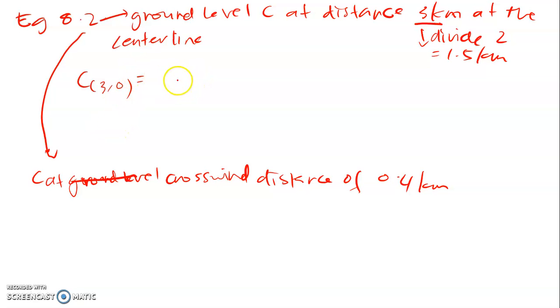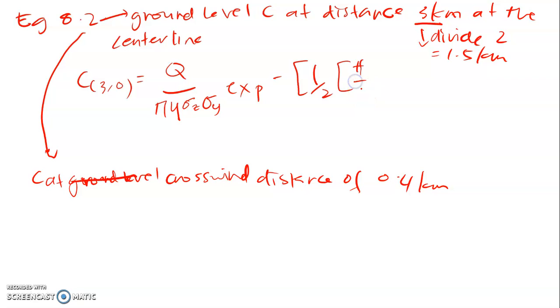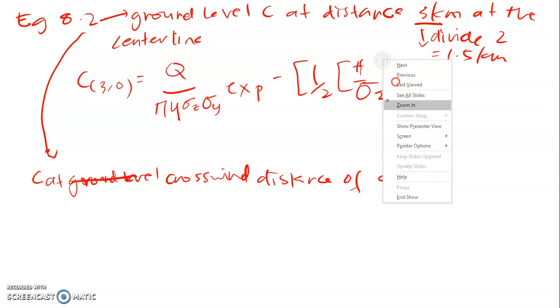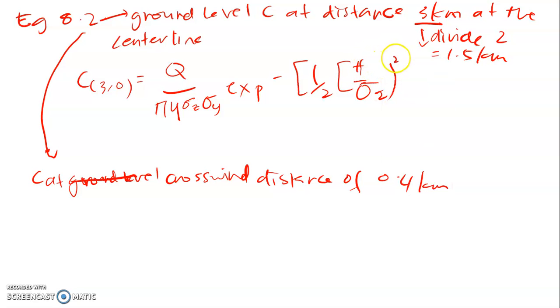So we can use the formula again, the formula that I used earlier in explaining example 8.1. Sigma Z, sigma Y, and then exponential of negative half, H over sigma Z, squared.